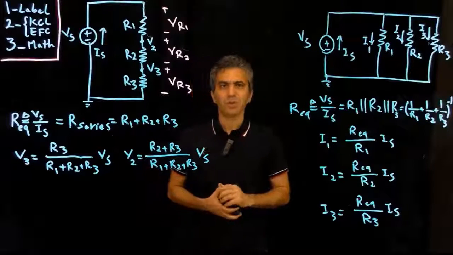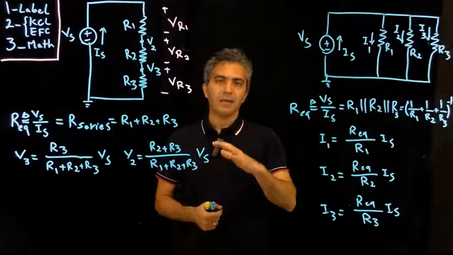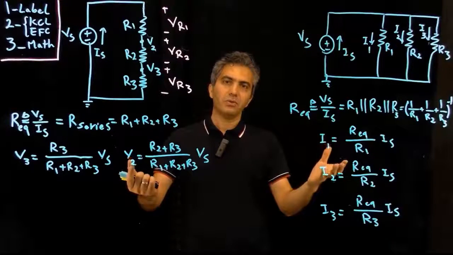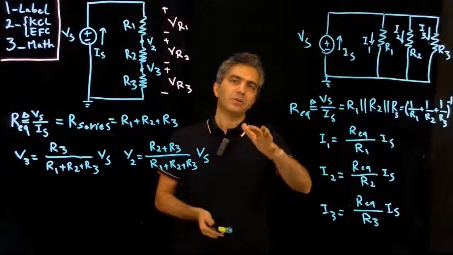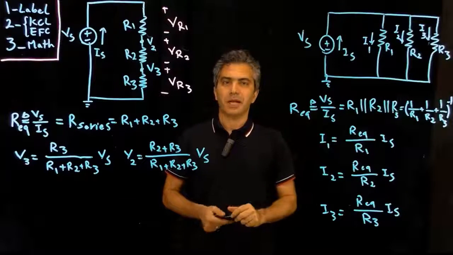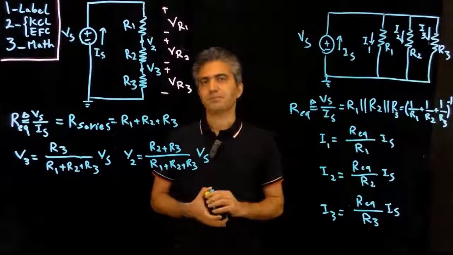So I'm going to quickly review what we learned, reinforce that, and then we move on and try to use what we learned to do more complicated calculations for a more complicated network of resistors connected to each other.